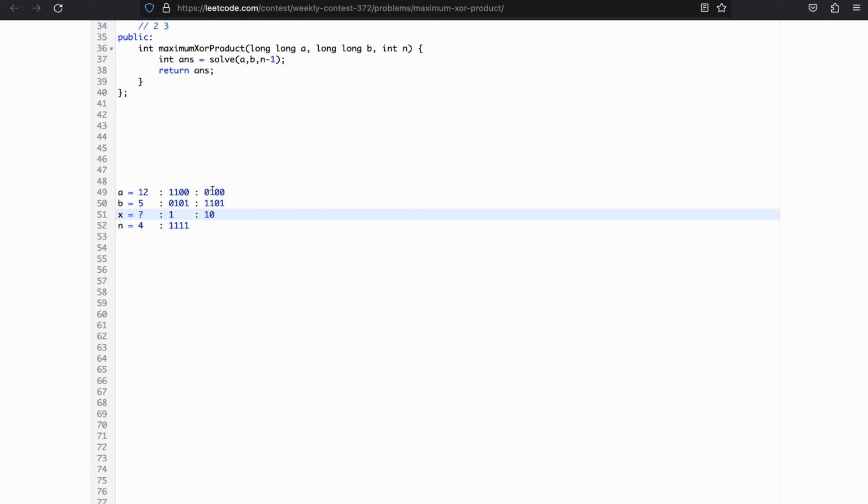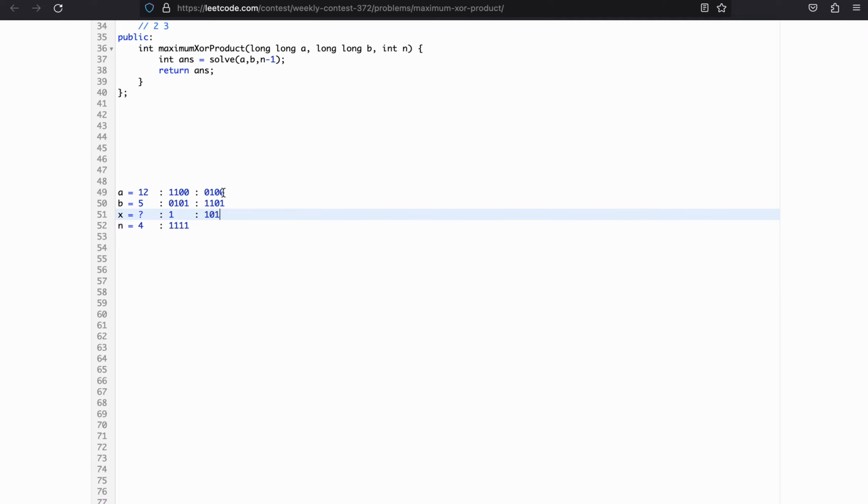So here the second bit in x should be 0, so that after XOR it becomes 1 and 1. And in both a and b, the first bit is the same, so we set 1 in x, so that the first bit in a and b should be 1 after applying the XOR.